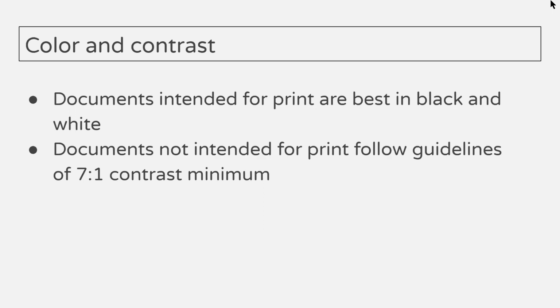Any other color starts to go down. Blue is 7.5:1. I think green is 4:1, which does not pass. Yellow is one of the worst. It's almost 1 point something. It's very low. I'll be demonstrating a tool for you to check your color contrast as well.